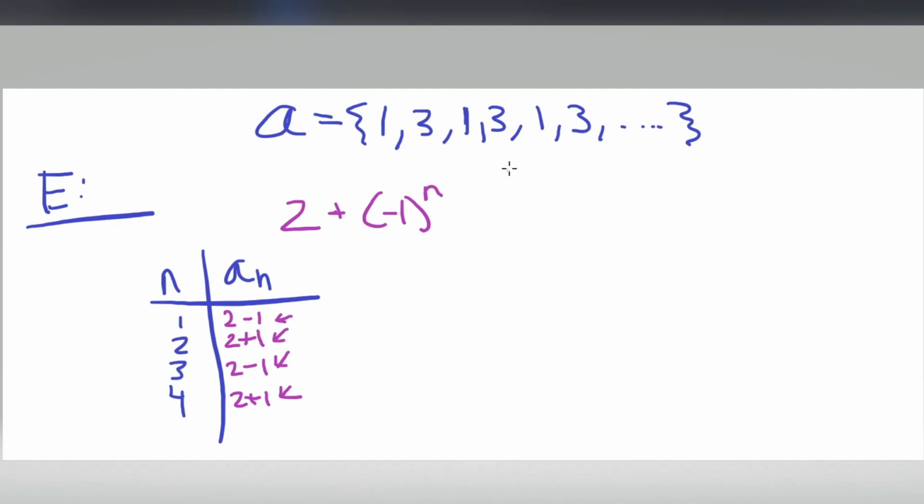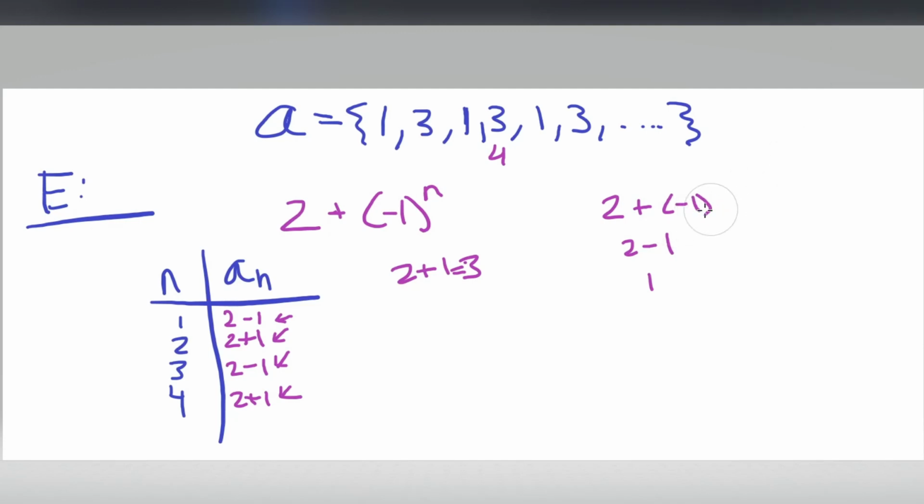In this case, if we plug in, let's say 4, -1 to the fourth is 1, which will give us 3. If I plug in 5, -1 to the fifth is -1, which would be 2 plus -1, the same as 2 minus 1, which is 1.